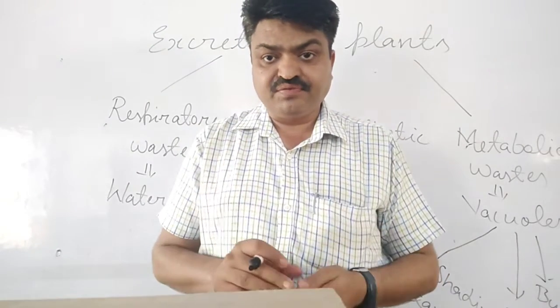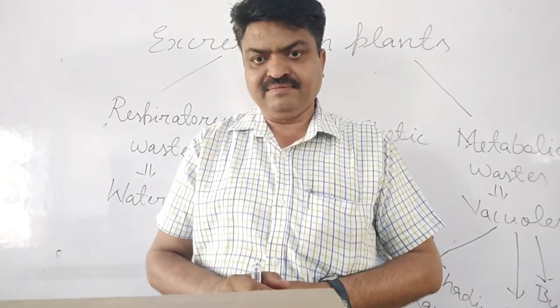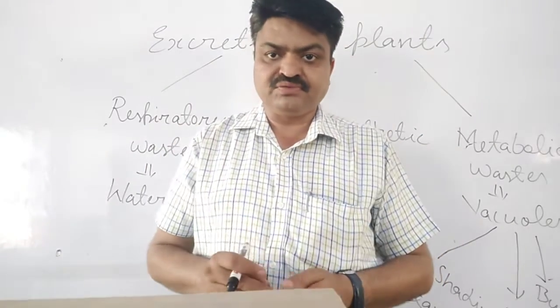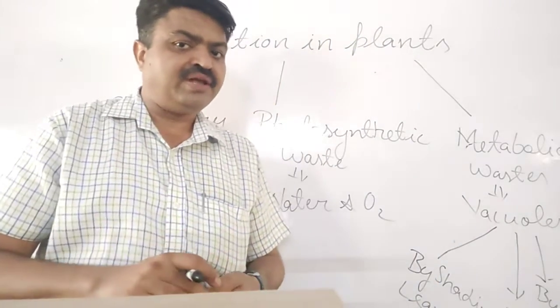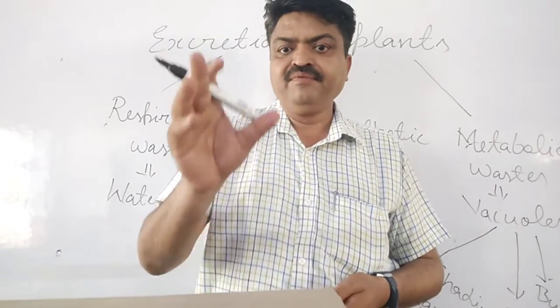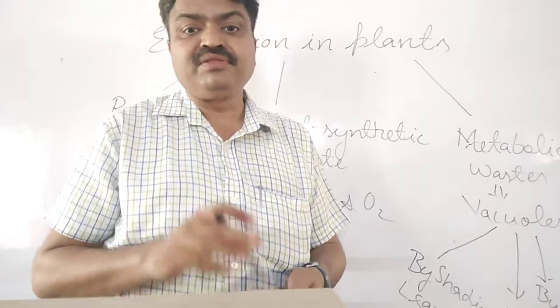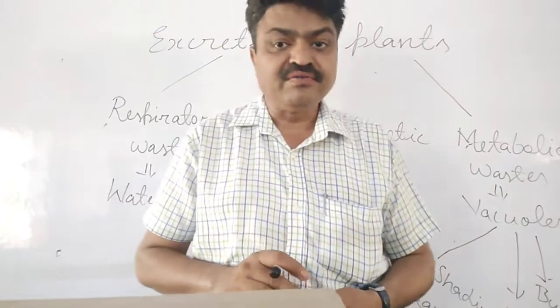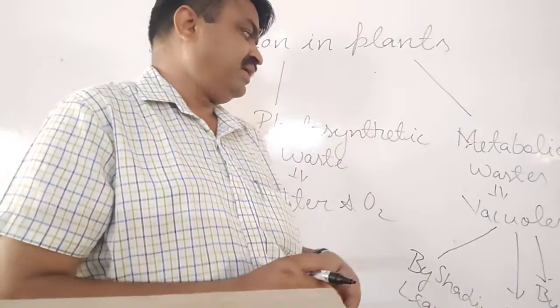And in this fruit, students, they also store their waste material. And in a particular season, when those fruits are shed, then with the help of the shedding of the fruits, they also get rid of the waste. So by fruits also they get rid of the waste.